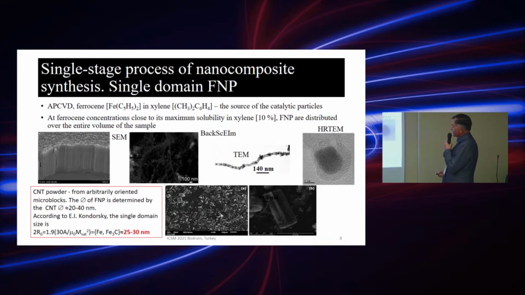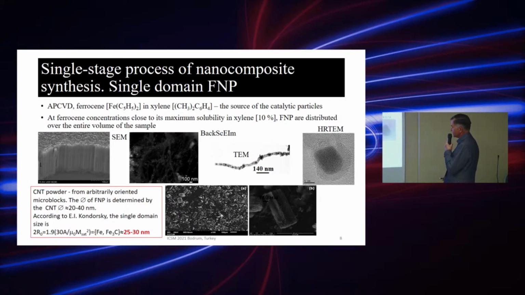Then we destroy this carpet and make a powder which consists of blocks. Each block contains oriented massive of carbon nanotubes, but between them blocks are disoriented. The diameter of iron-based nanoparticle or ferromagnetic nanoparticle is determined by the diameter of the CNT.